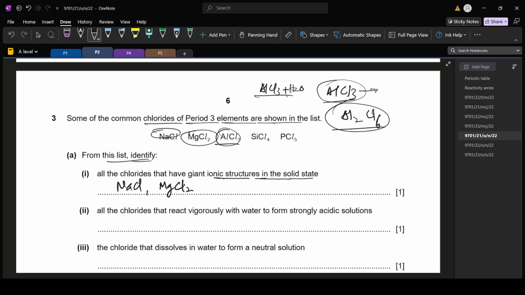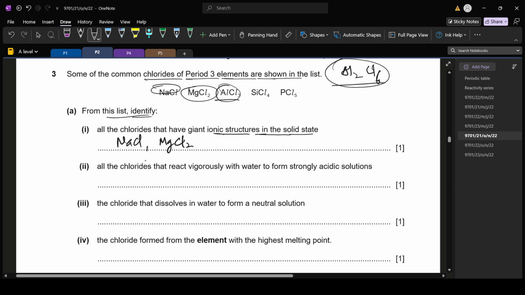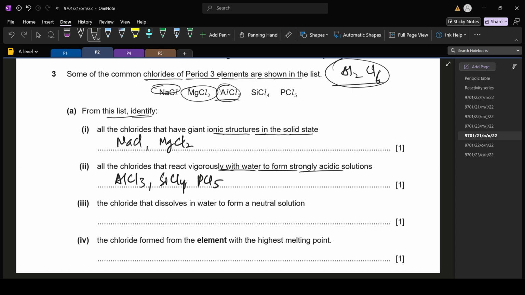All the chlorides that react vigorously with water form strongly acidic solutions. So AlCl3 will react, SiCl4 will react, and PCl5. They all will react.